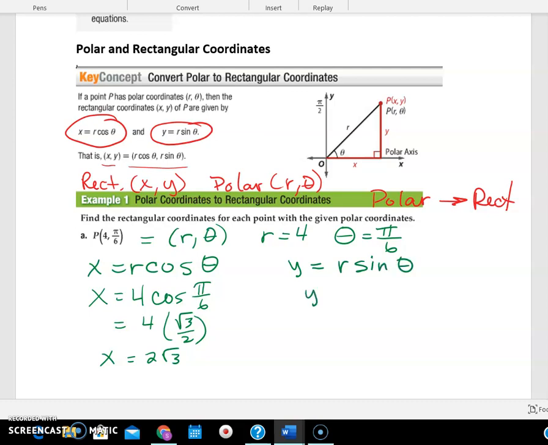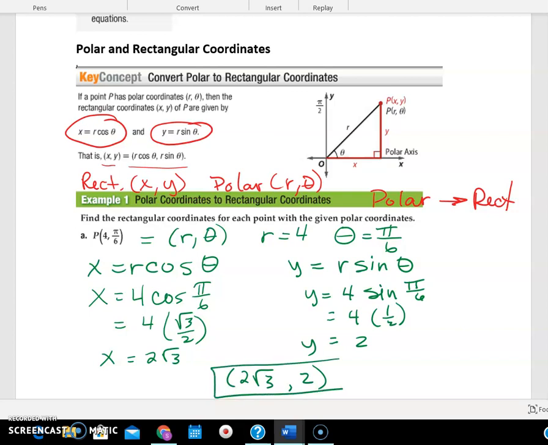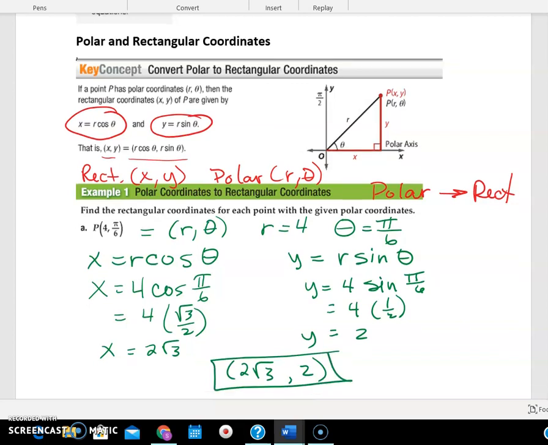When I substitute 4 in for r and pi over 6 in for theta, that's 4 times 1/2, which is equal to 2. So the rectangular coordinates are (2 square root of 3, 2). And so that's my ordered pair.